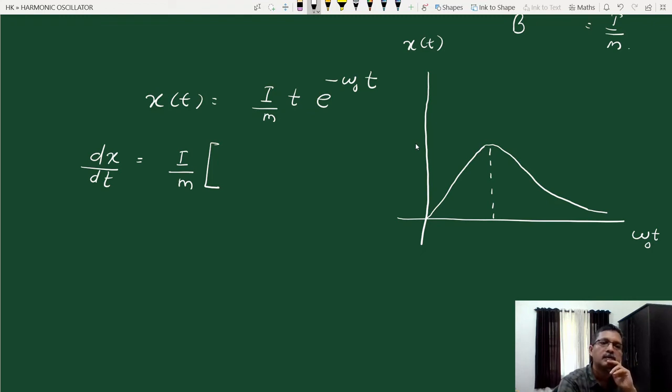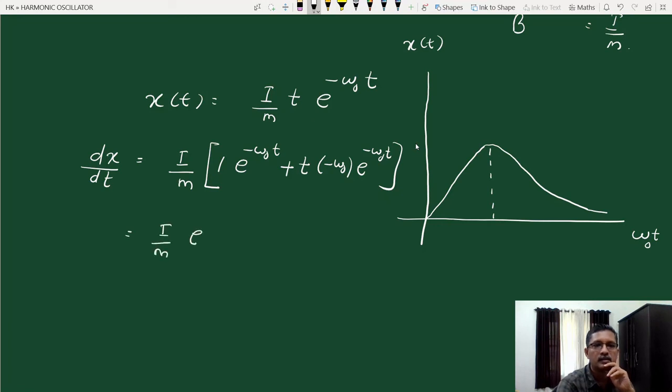The derivative of the first function is 1 e raised to minus omega 0 t plus t into the derivative of the second function, minus omega 0 e raised to minus omega 0 t, like this. Now take e raised to minus omega 0 t also outside. So what you get is 1 minus omega 0 t. That is the derivative.